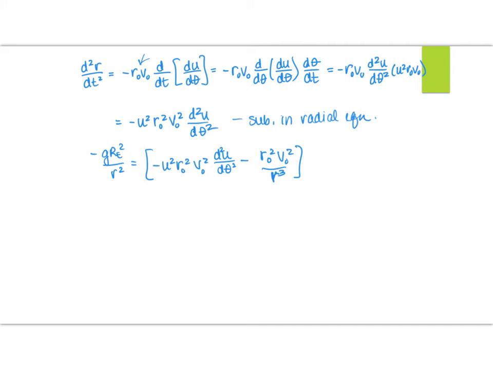Now, I have a little mixture here of u's and r's, so let's get rid of that. So it seems like kind of a mess.